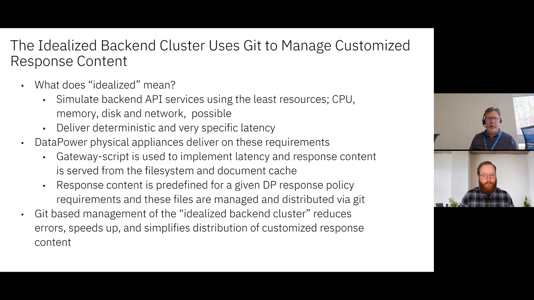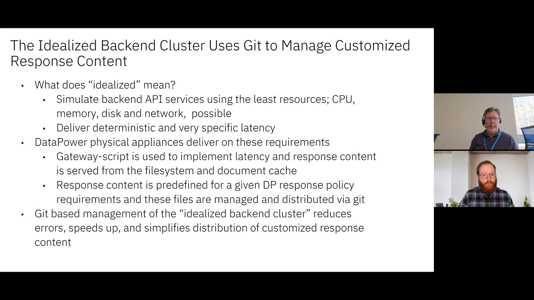So we started using DataPowers as backends when we realized that using real applications, maybe a Java or a WebSphere implementation, are some of the things that we used previously, and they require a lot of resources to run those backends at very high throughputs, right? Because we're testing these DataPowers up into the thousands of TPS, tens of thousands of TPS on the latest, the X3 appliance is a big machine.